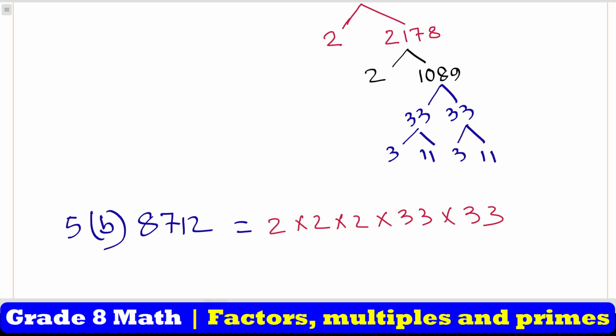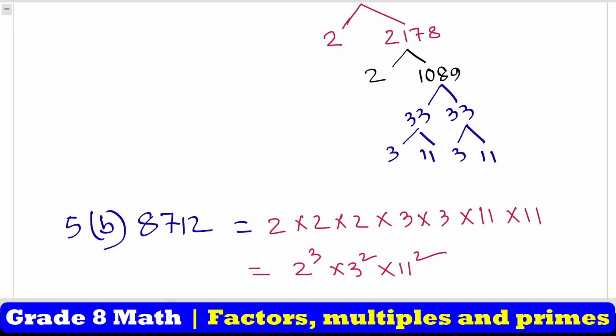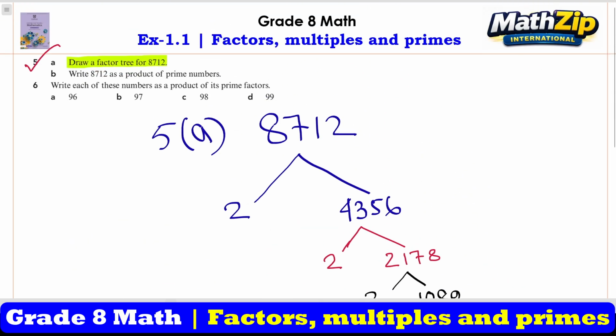So we should go up to the last prime number. In this case, 2 times 2 times 2, and then 3 times 3 times 11 times 11. This is our product of primes for 8712. If you want, you can write 2 to the power 3 times 3 squared times 11 squared. Okay, so number 5 is done.